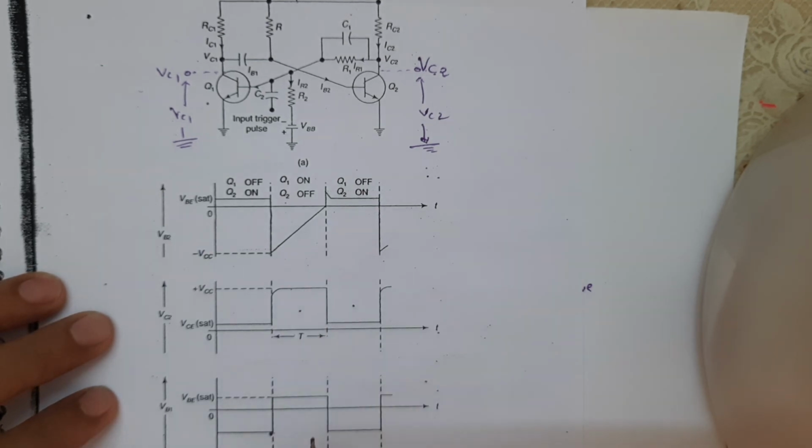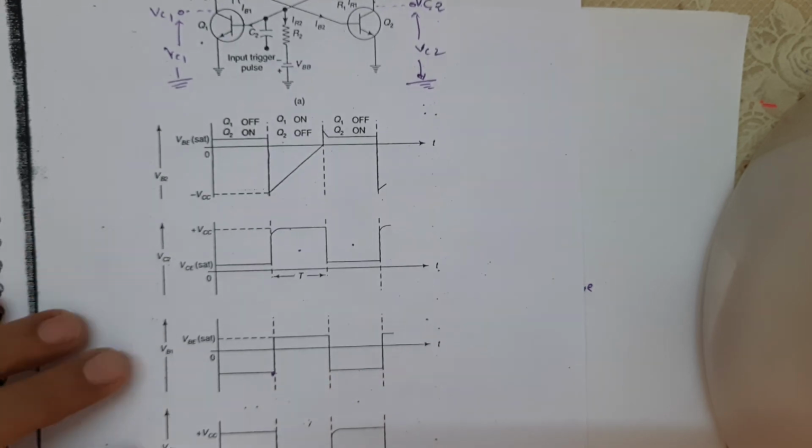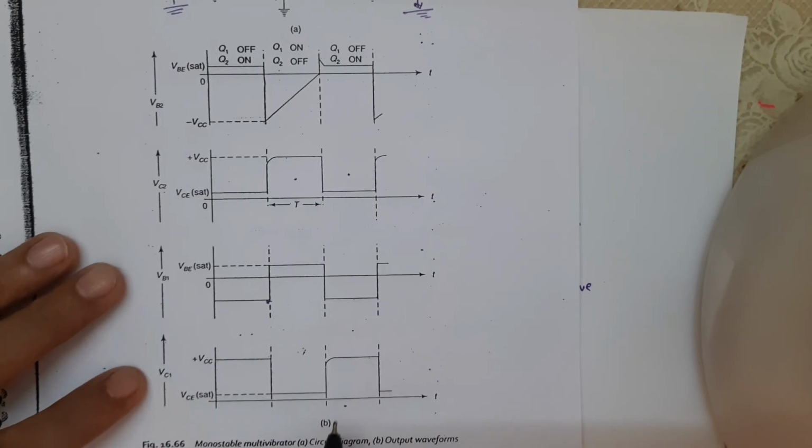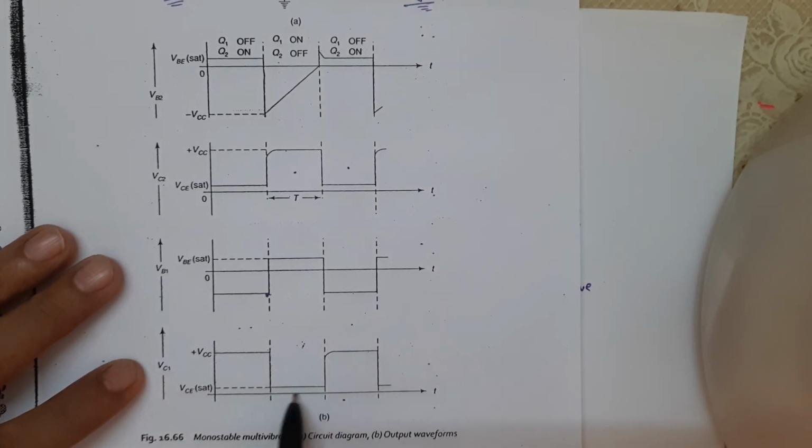Again, at that point VB1, with Q1 on and Q2 off, is nearly in the saturation region, that means nearly 0. In this way VC1 is also at that time nearly in saturation mode, nearly 0. Here we can see the second portion of the square wave.